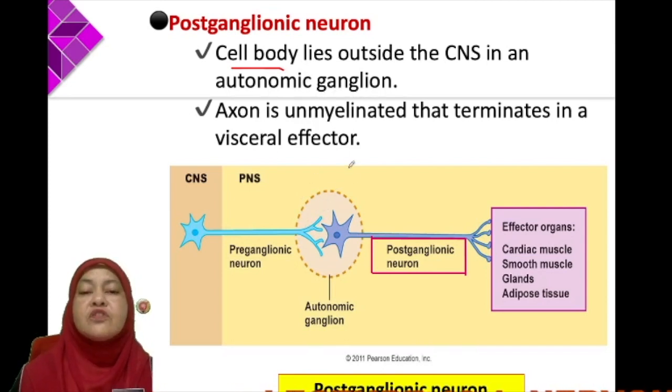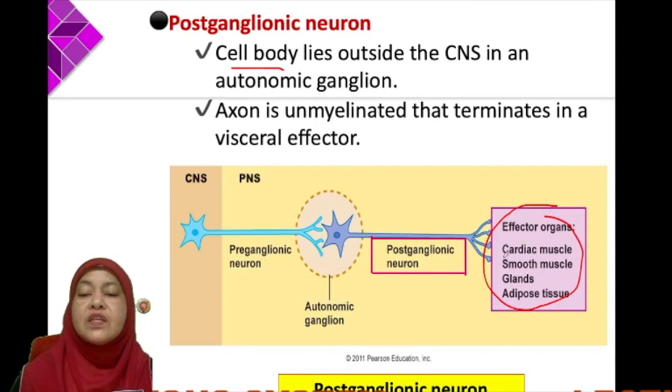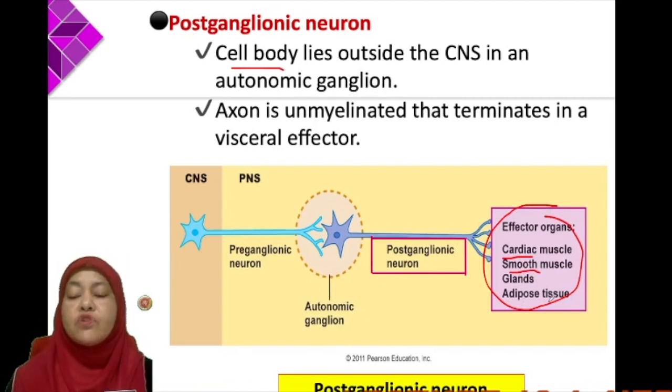The axon of this postganglionic neuron is unmyelinated, and it terminates in an effector. What are the effectors? For example, cardiac muscle, smooth muscle, glands, and adipose tissue. This is how the two neurons are involved.